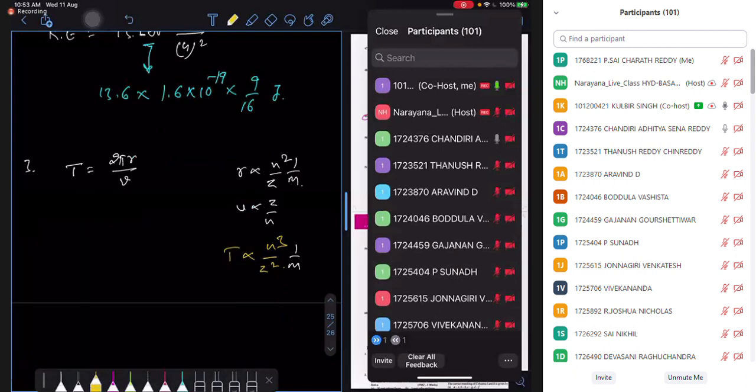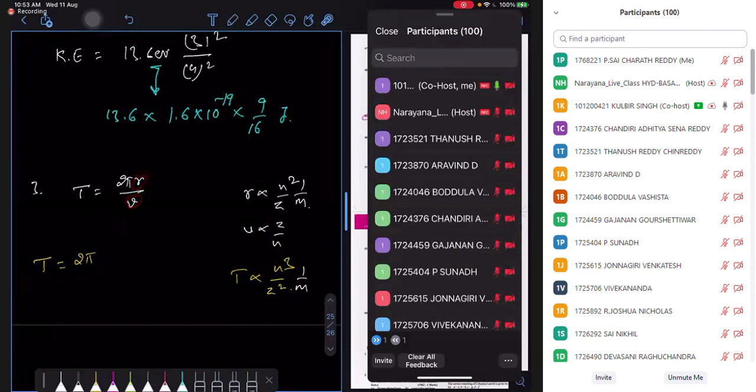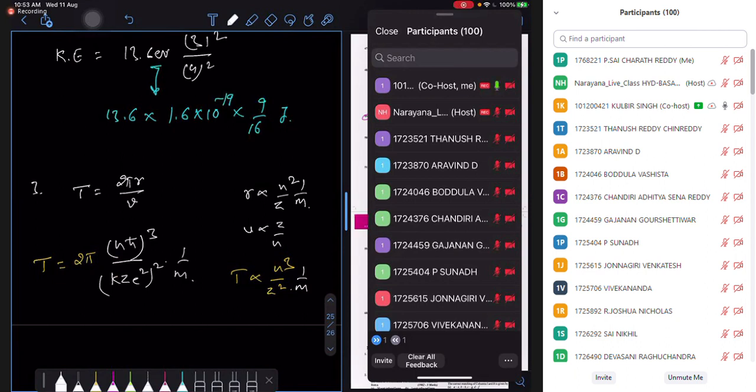For this expression, I can say my time period is 2 pi, constant, and R by V ratio. If you want to replace the R by V ratio, I can write it here as n h cross cubed, and z we can replace here with k z e squared, and inversely with the mass. Right?